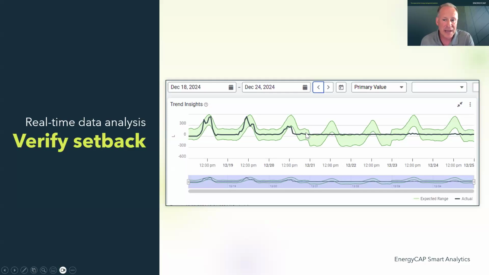We can now calculate the value of shutting the building down. And I can tell you from firsthand experience, when people see the value and you can quantify it, people are much more apt to make changes to conserve the energy and ultimately the money. And so that's, once again, the power of using this type of software, because it can turn this into numbers that you can share with other people.